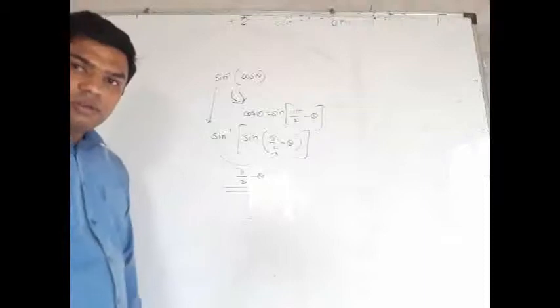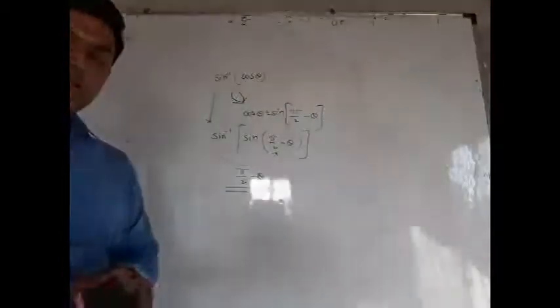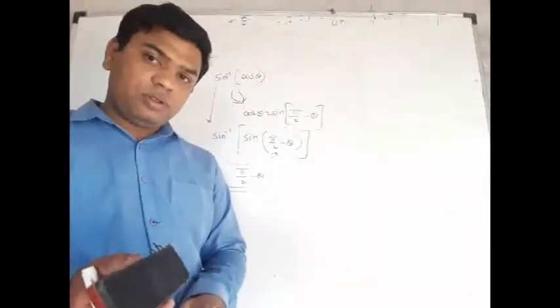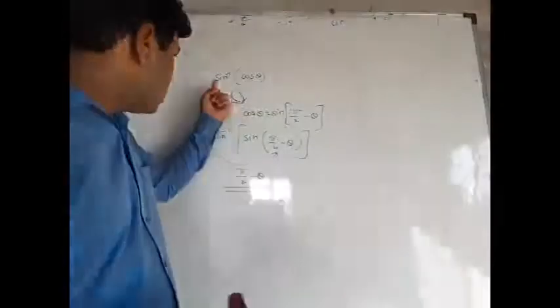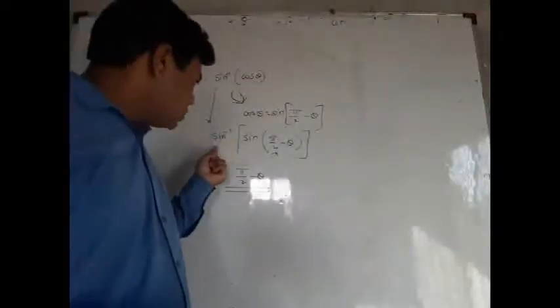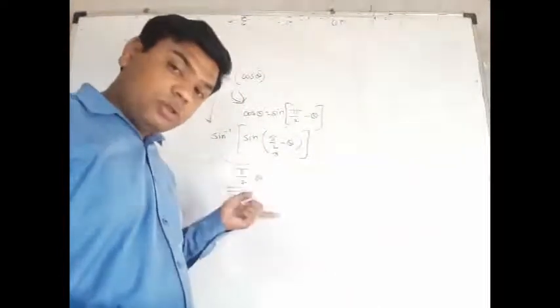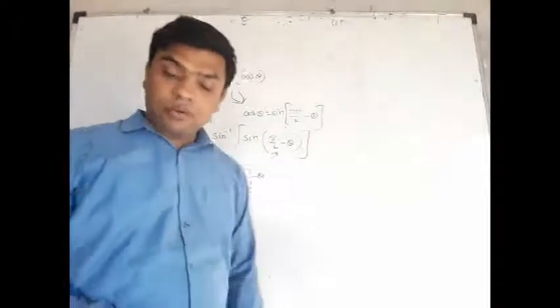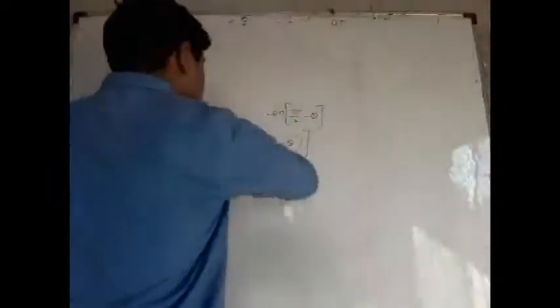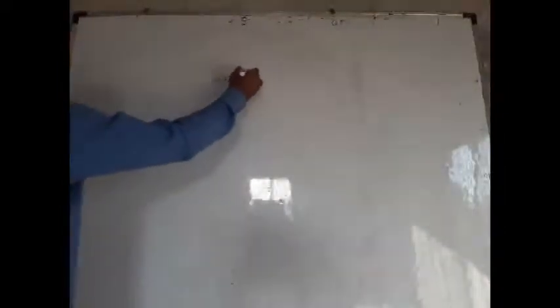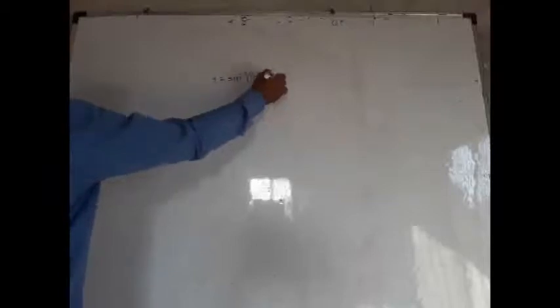Like that way, we can solve number of questions. Here is sin, here is cos. How we can convert sin into sin, cos into sin, sin into cos. There is also difference of 90 minus theta. Now next question is differentiate y is equal to sin inverse of sin theta.